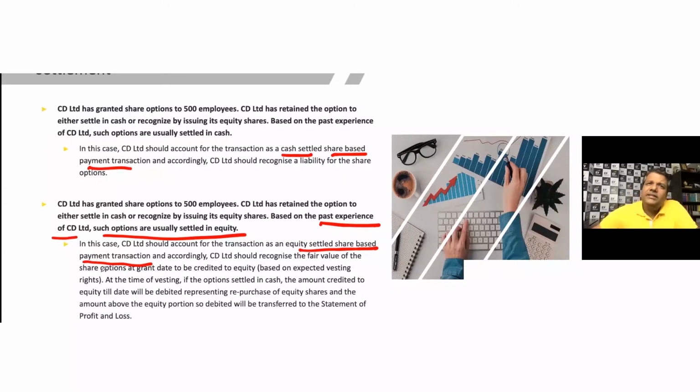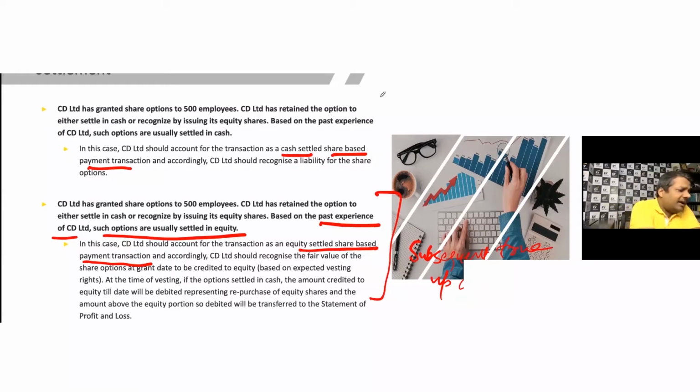In an equity settled arrangement, you don't need to do a subsequent true up for changes in the fair value of the equity. That is why this is very important.